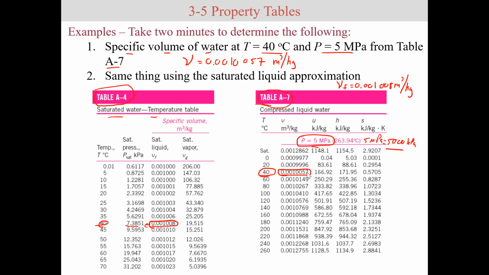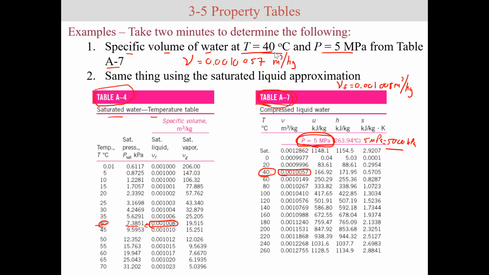So in order to quantify my compressed liquid properties, I need to use the approximation, because these compressed liquid water tables have huge values for pressure that we're really not going to be using very often. Instead, we use the approximation that the property of the compressed liquid is the same as the property of the saturated liquid at the compressed liquid temperature.